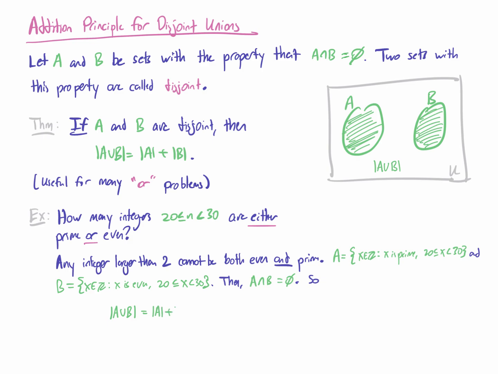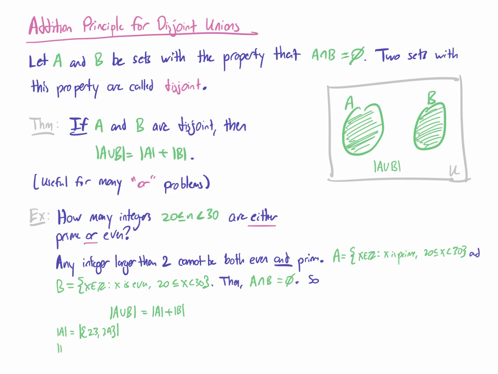It's the size of A plus the size of B. And so I just need to know what those sizes are. What's the size of A and what's the size of B? The set A is the set of primes between 20 and 30, and it includes 23 and 29. Those are the only primes between 20 and 30.